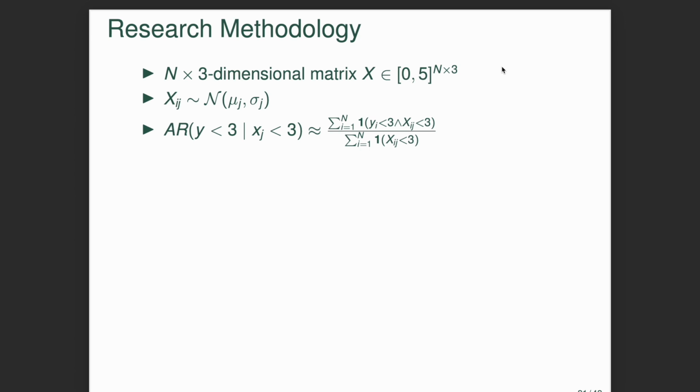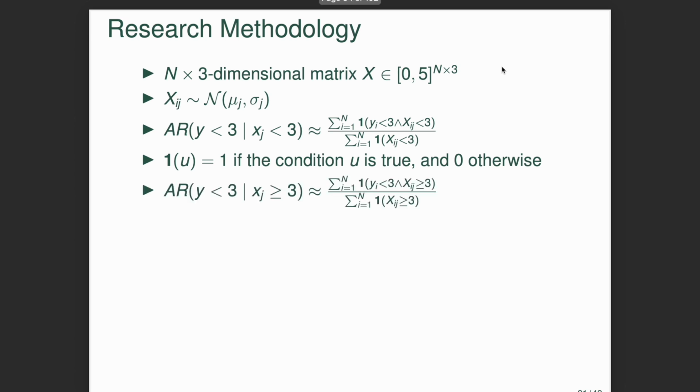To formalize this, we use the indicator function 1 of u, which is 1 if the condition u is true and 0 otherwise. This allows us to count events satisfying a specific condition within the matrix.